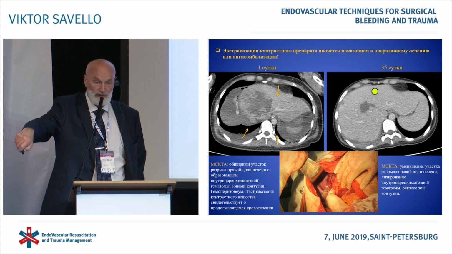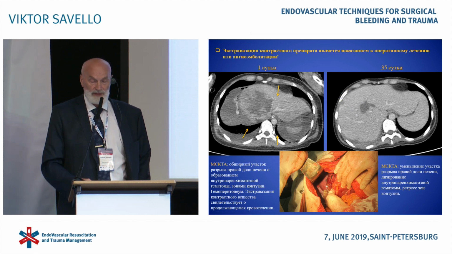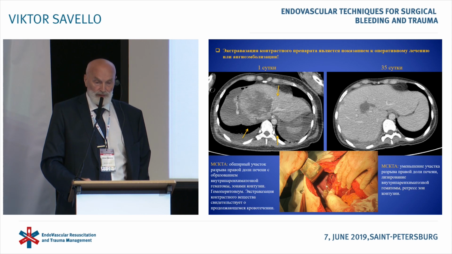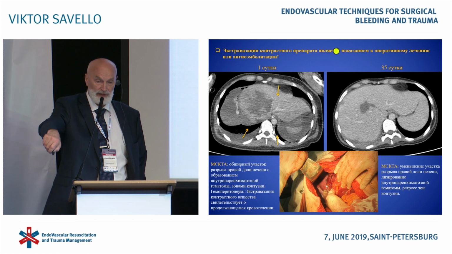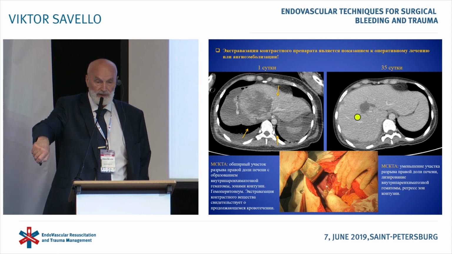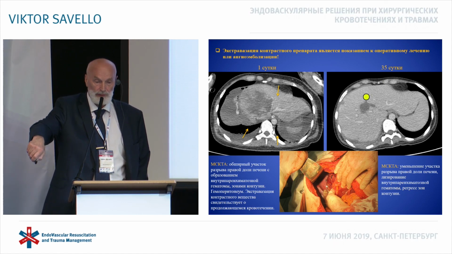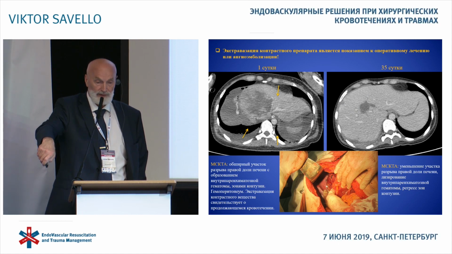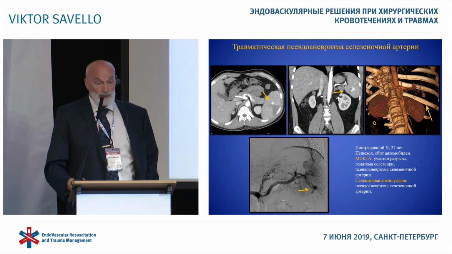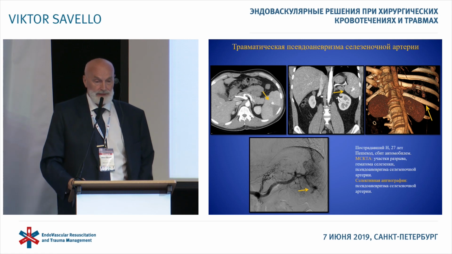The sutures were put to close the liver wound and control CT. We see a small hematoma, residual hematoma in retraction area, and the contours are sharp and even. The patient is being healed.